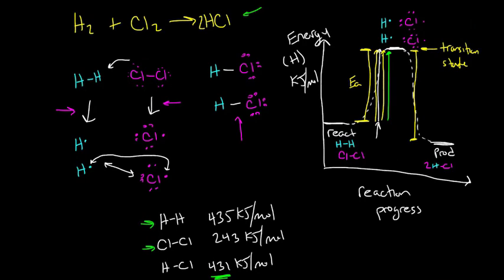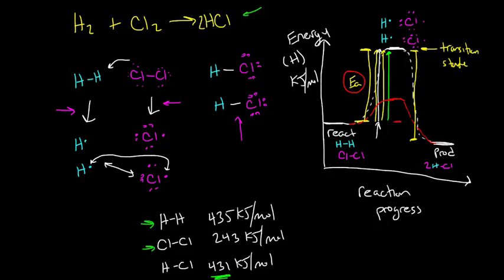So the take-home message from this video is that the energy that it takes for a chemical reaction to occur is known as the activation energy. And for some reactions, this energy is really, really big, and that dramatically limits how likely it is for a reaction to happen. Some reactions, however, have really small activation energies.